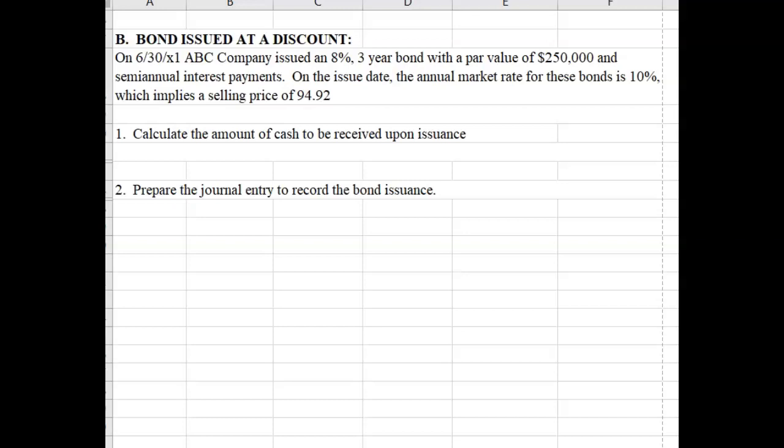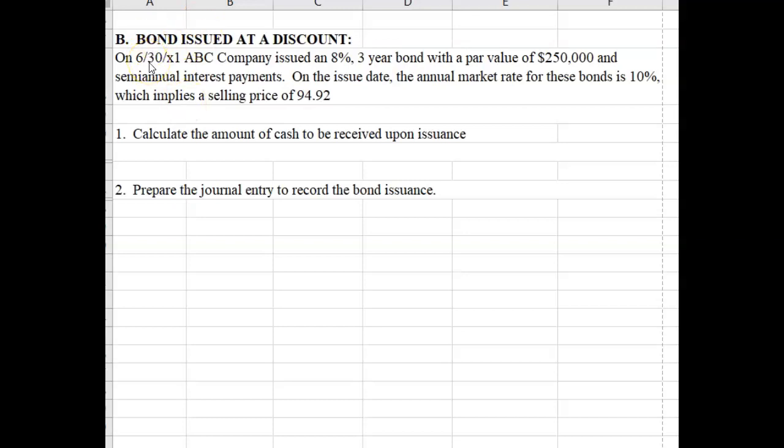We will work bond issue price problems using present value tables in a later video. For now, though, let's work another problem where you are either given the bond issue price outright, or you can easily calculate it without referring to the present value tables.